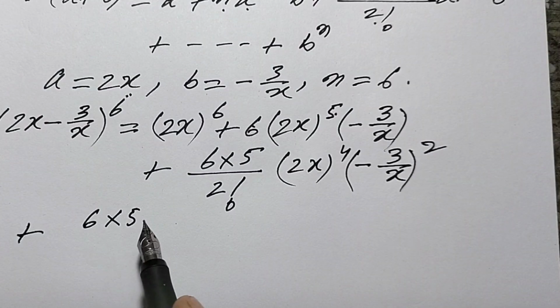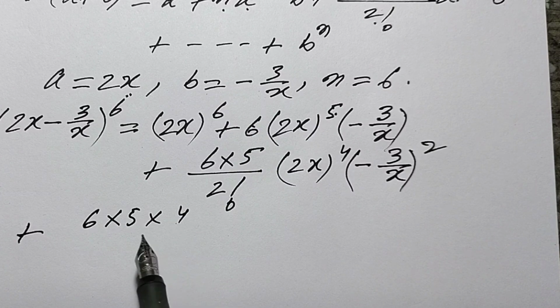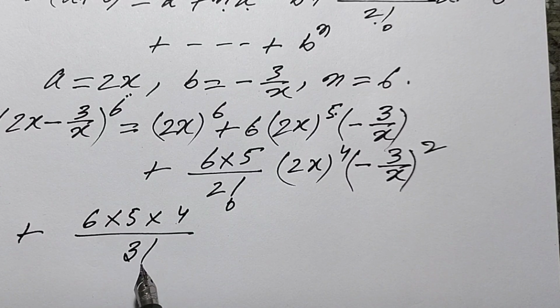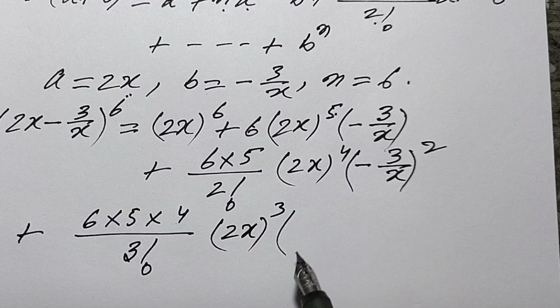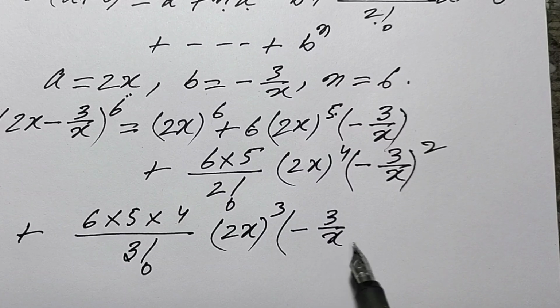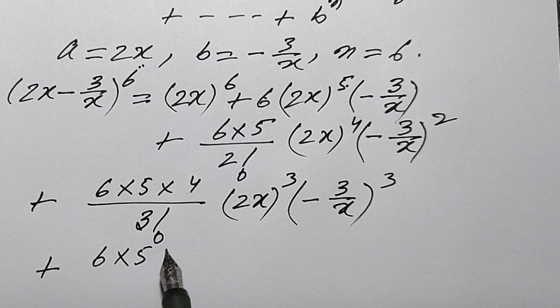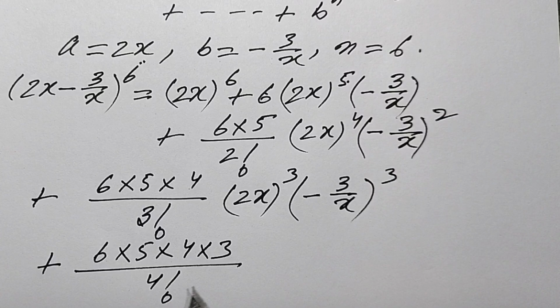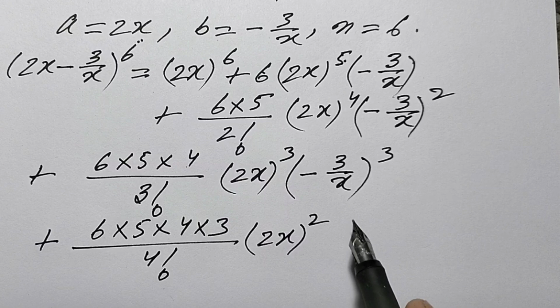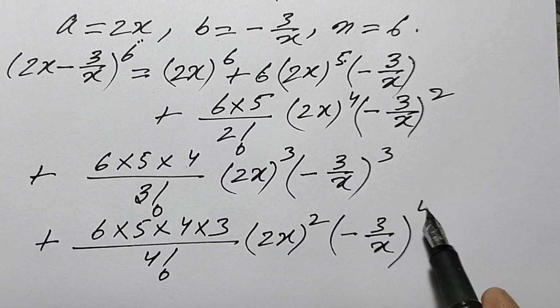In this way, the next term will be 6 into 5 into 4 upon factorial 3, 2x raised to the power 3, minus 3 upon x whole cube, plus 6 into 5 into 4 into 3 upon factorial 4, 2x raised to the power 2, that is 2x square, and minus 3 upon x raised to the power 4.